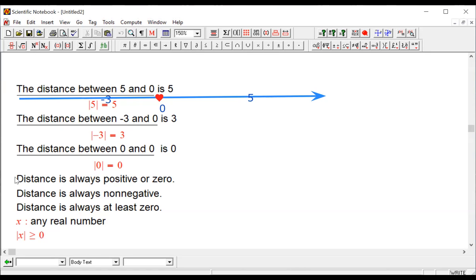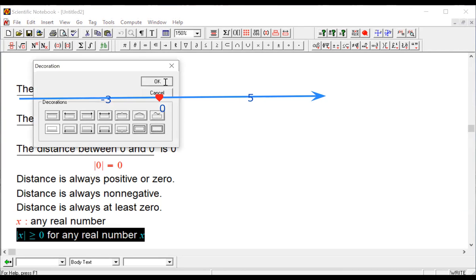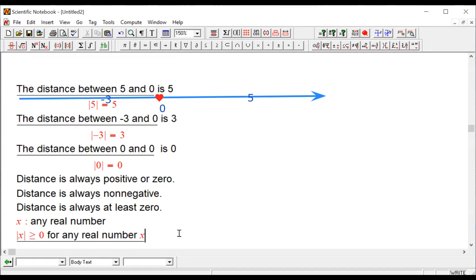So all of these three sentences, mathematically, we can write as the absolute value of x is at least 0 for any real number x. So that's what we have realized.